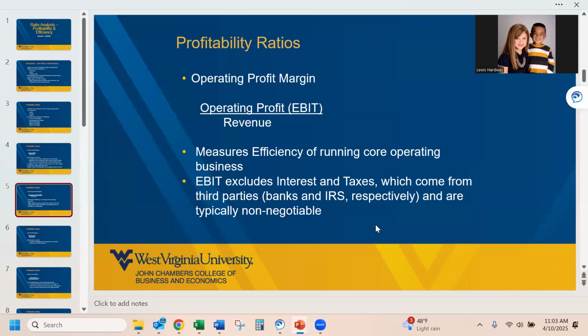We're not really focused on those with this particular measure, because they should be within the same ballpark for most everyone and shouldn't have a ton of fluctuations across companies, especially in the same industries.